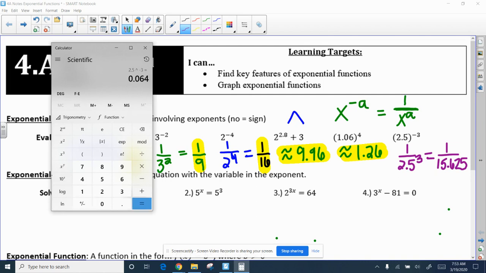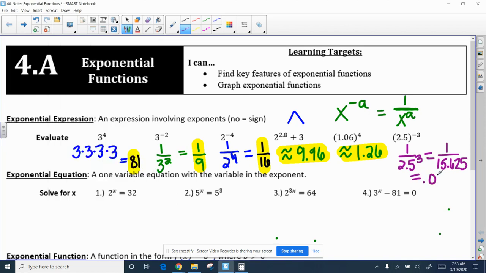So 2.5 to the negative 3, and I get 0.064. Okay. So that makes sense that I get a really small decimal number because I had a number to a negative power. A negative exponent is always going to be a fraction like this.